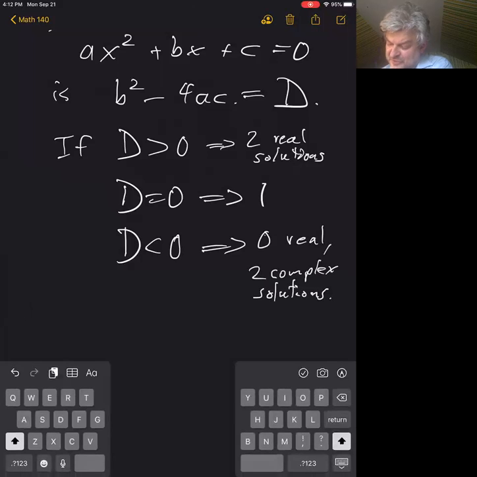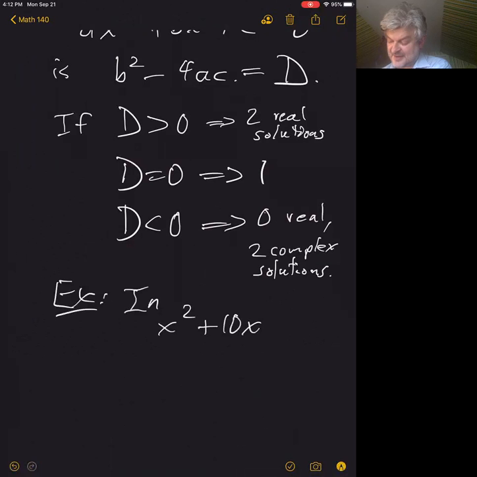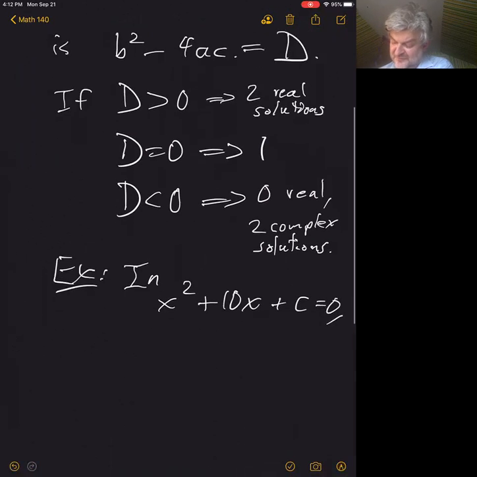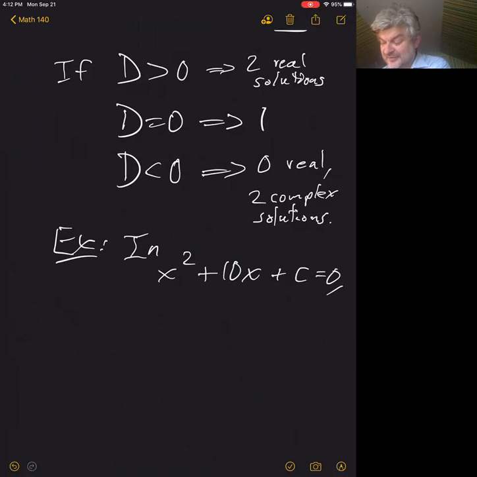So how could this happen to you in an exam problem? In x squared plus 10x plus c equal to 0, what values of c give you two real solutions, one real solution, no real solution?